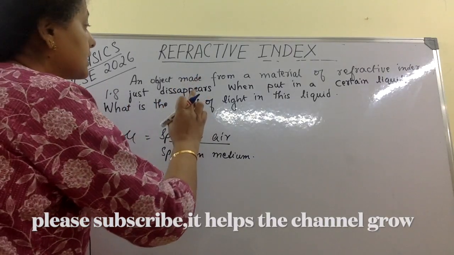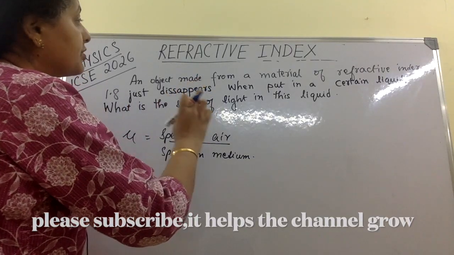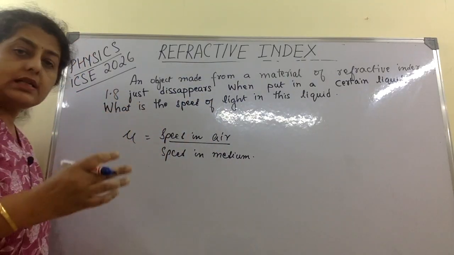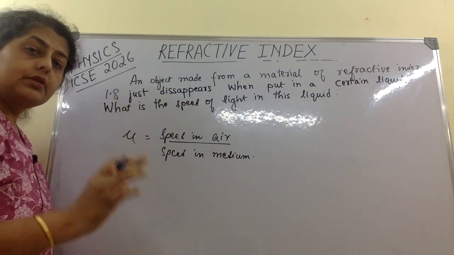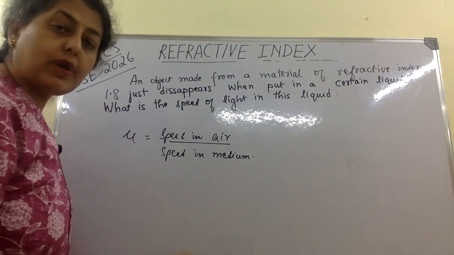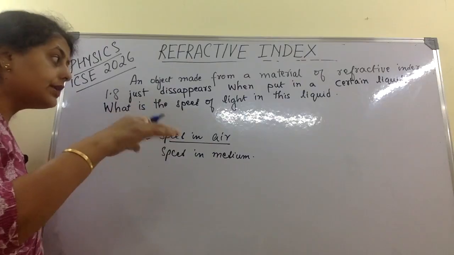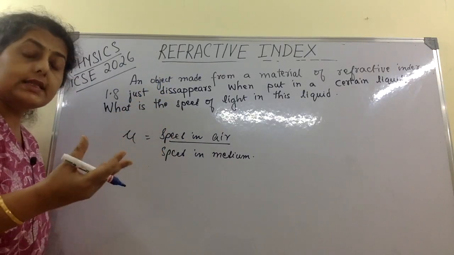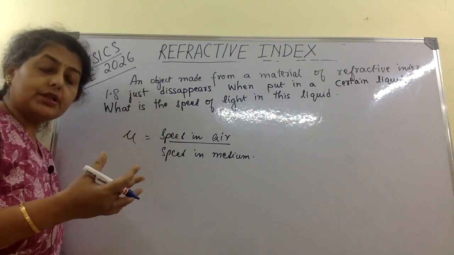Now they are saying some object is made with a refractive index of 1.8 and they put it in a certain liquid, and then the object cannot be seen at all. Why can that object not be seen?